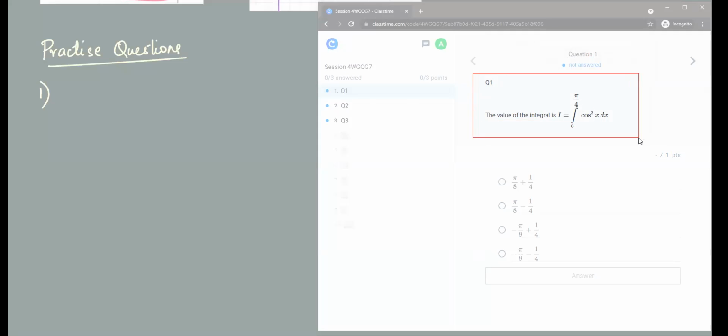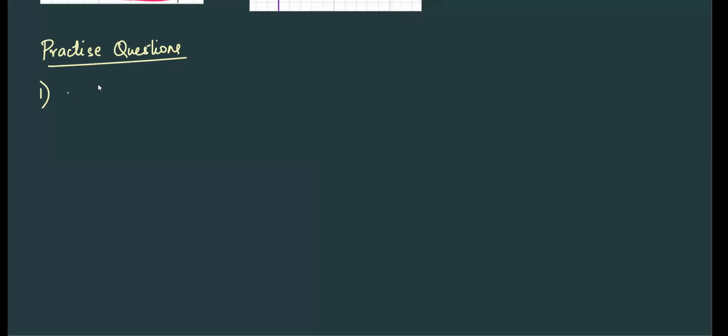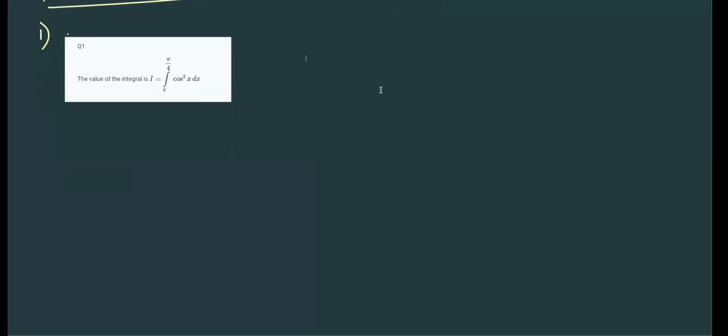So this is the question. Find the value of this integral. So this is simple, evaluation by reducing into standard form. So integral 0 to pi by 4.